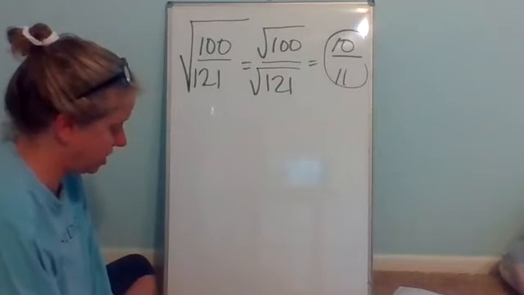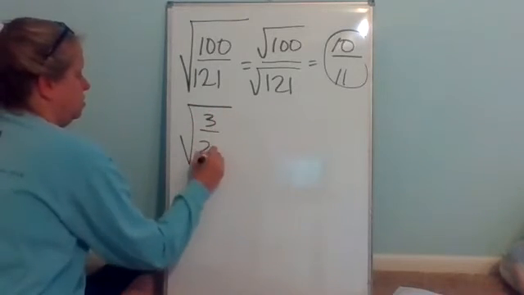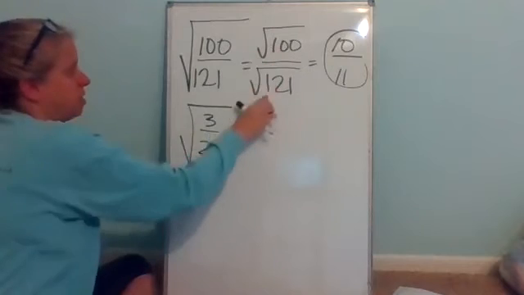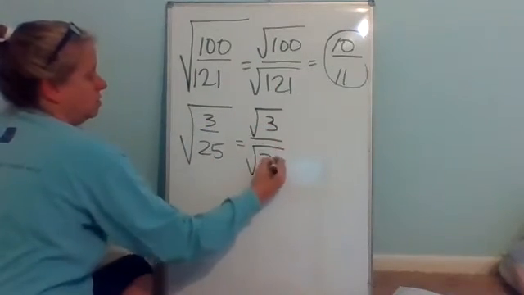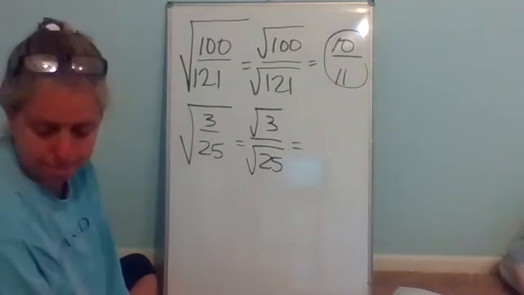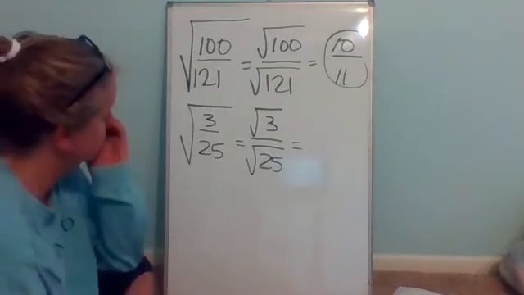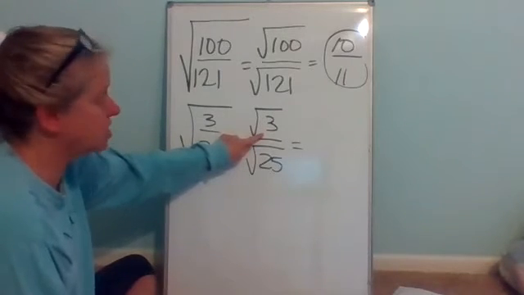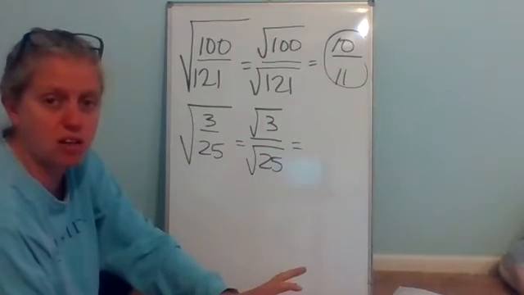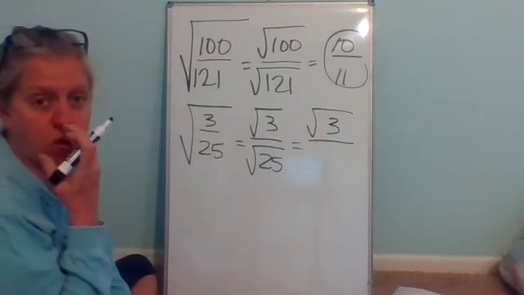So let's use this rule when we get to number 2. You have the square root of 3 25ths. So let's write them separately, just like I did up here. I can't do anything with this, right? Because 3 was not in my perfect square list. So that means I'm not taking the square root of 3, so it's still going to have a square root around it.